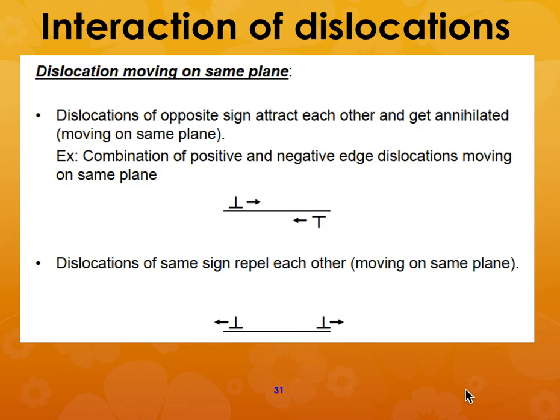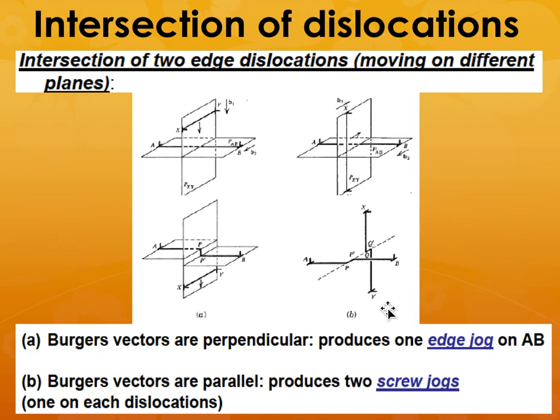How can dislocations interact with each other? As I told you, if there are two edge dislocations, one positive and one negative, moving towards each other, they can combine and cancel out each other. But if they are of the same sign, they would repel each other and they would not exactly combine. How else can dislocations move?